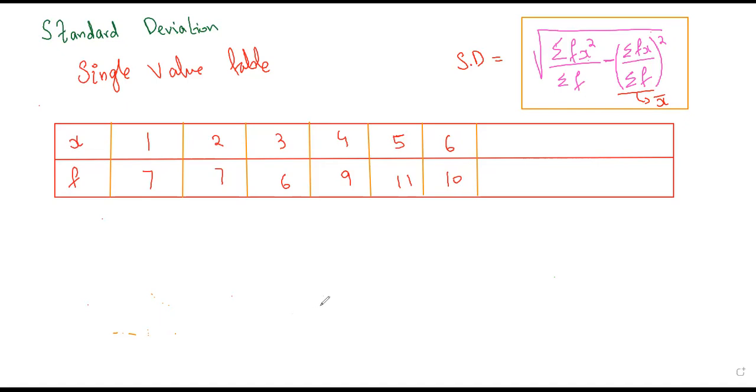Now, what extra things do I need? I need a column for x squared and a column for f into x squared. So we need 3 more columns basically, so let's make 3 more columns.